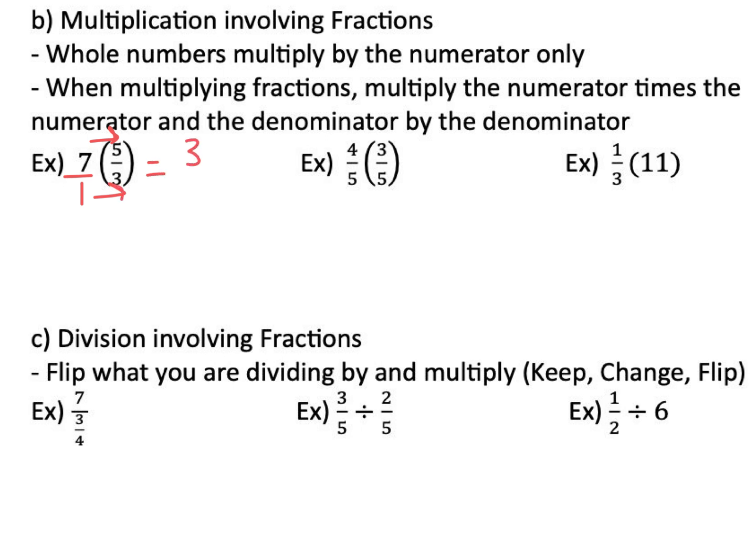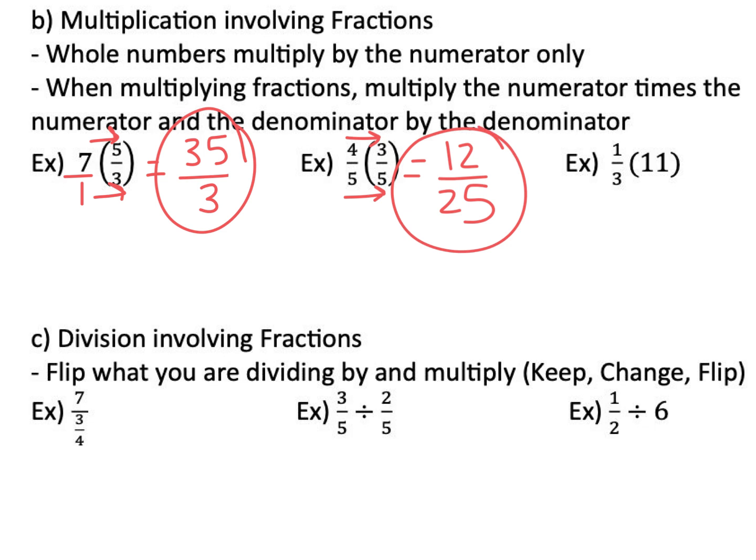The only reason I would say definitely using that calculator is to see if it reduces. 35 over 3 does not reduce. Okay, same thing here, top times top, 4 times 3 is 12. 5 times 5 is 25. That does not reduce. And we're going to want to leave that as a fraction because we talked about some of those ugly decimals the other day and we don't want to deal with that.